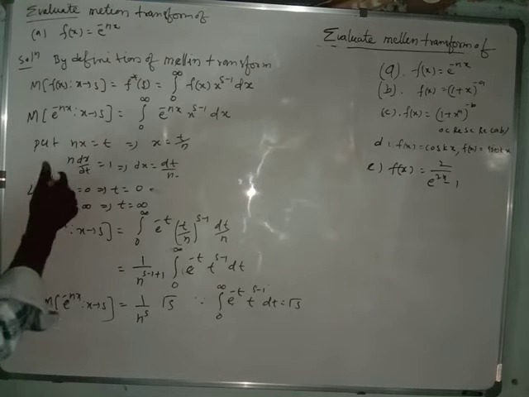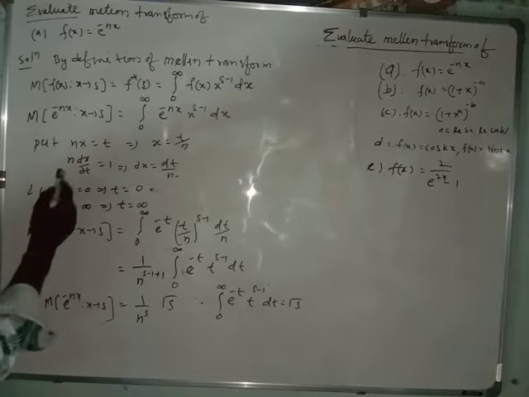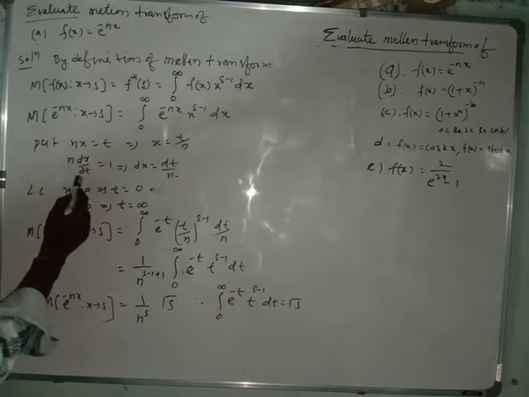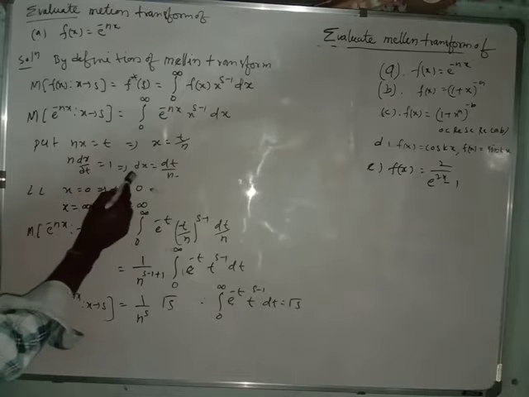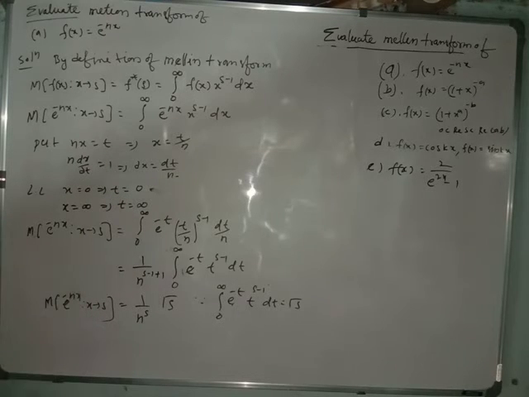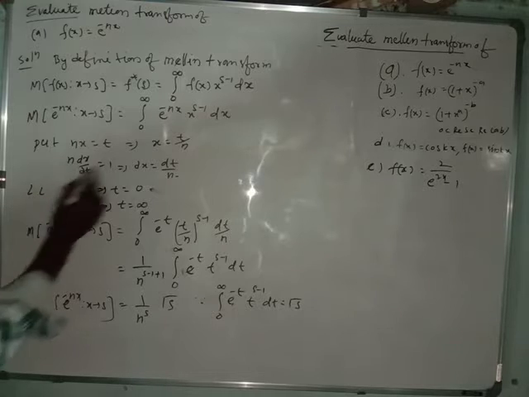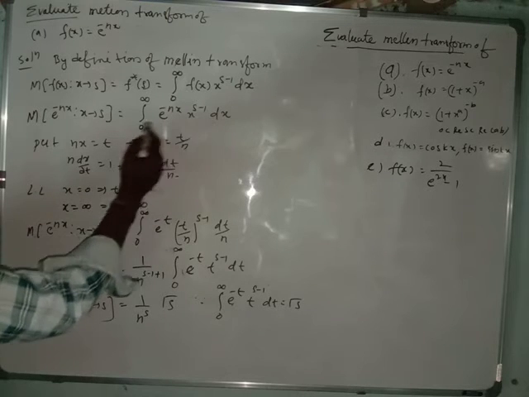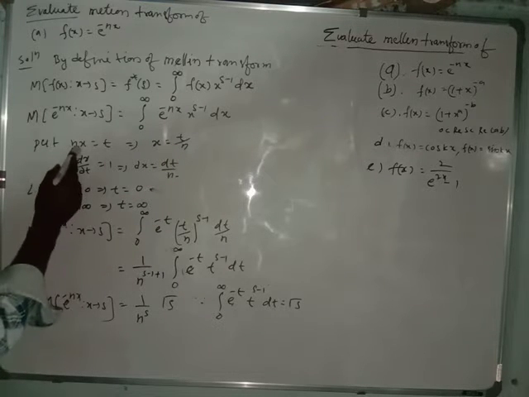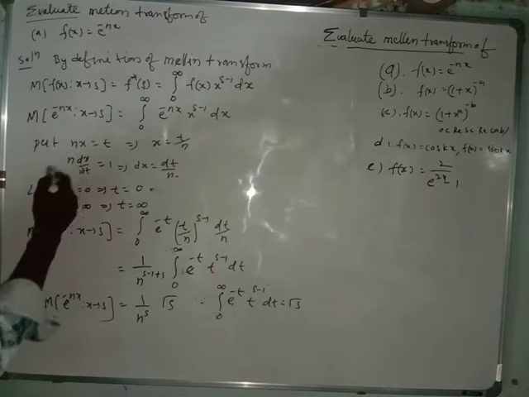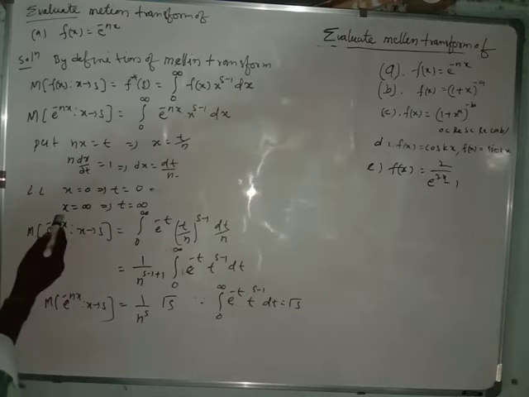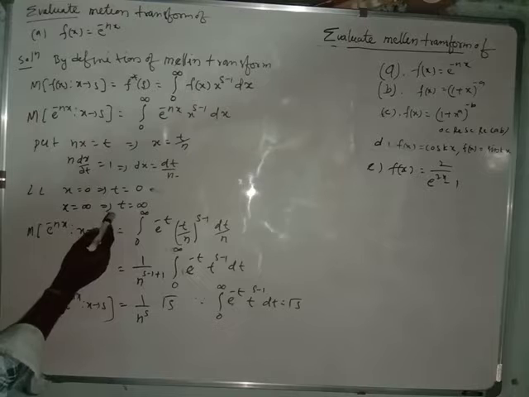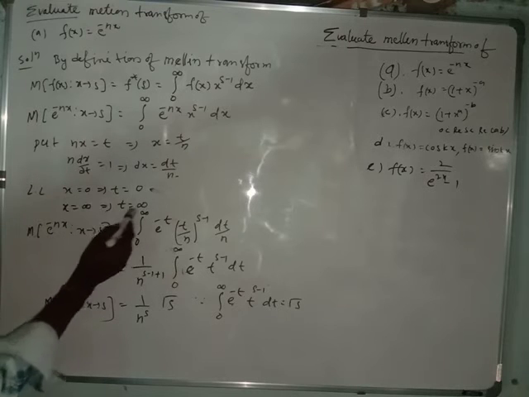Differentiating with respect to t, n into dx by dt equals 1, which implies dx equals dt by n. Now the lower limit x equals 0 gives t equal to 0, and x equal to infinity implies t is also infinity.